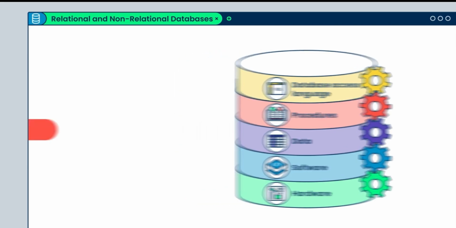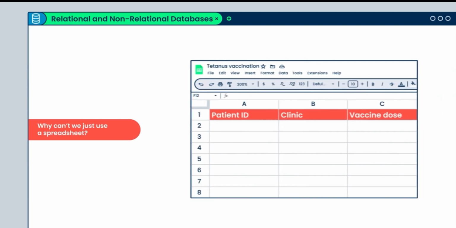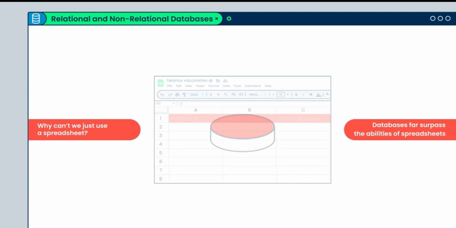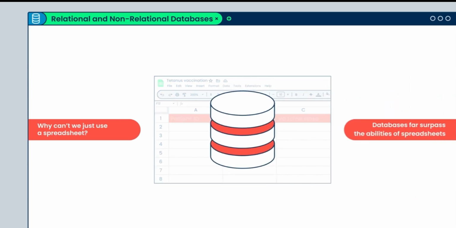Now, you might ask, why can't we just use a spreadsheet? The short answer is that databases far surpass the abilities of spreadsheets. While spreadsheets are useful for certain tasks, such as small-scale data management, databases offer several advantages that make them more suitable for many more cases.